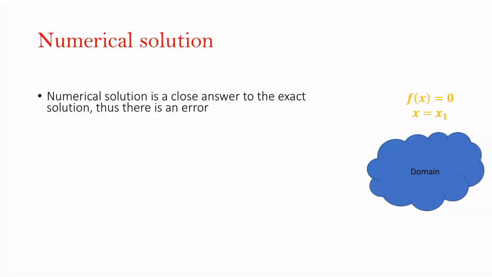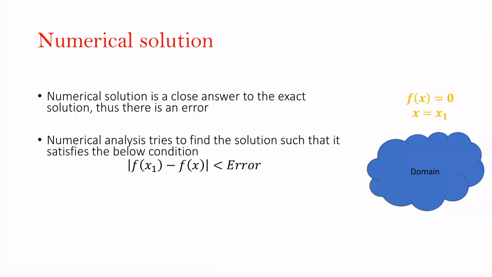So now the question is, what is a numerical solution? A numerical solution is defined as a very close answer to the exact solution, which means that it's not exact. What does it mean? That we have an error. But that error is small enough not to introduce a mistake in our calculation or affect the results. In other words, the error is negligible.